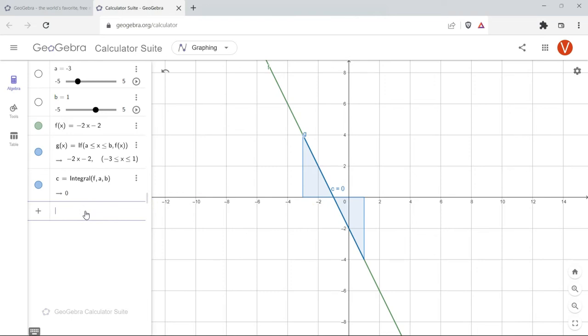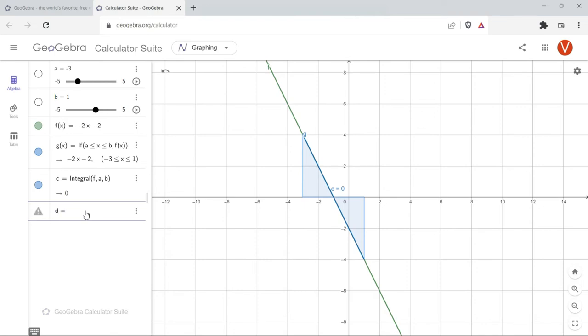Now what we have to figure out is the mean value of the function. Since the total area is 0, that means the mean value should also be 0. So how do we figure that out?